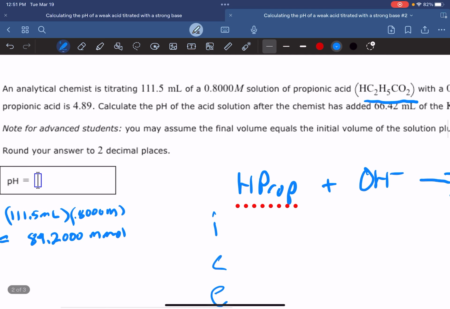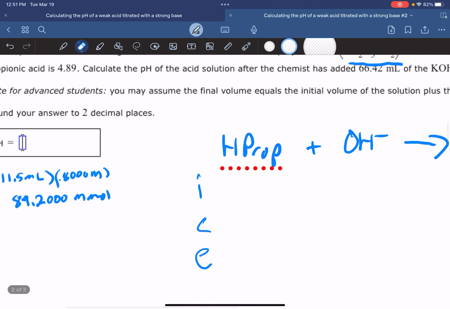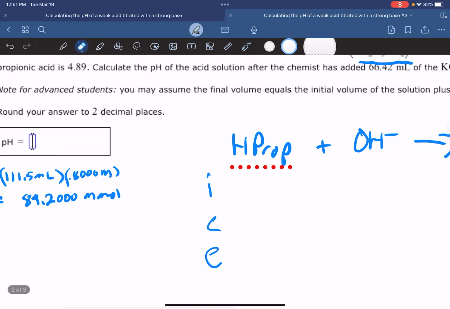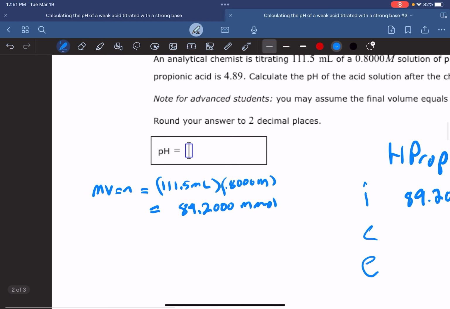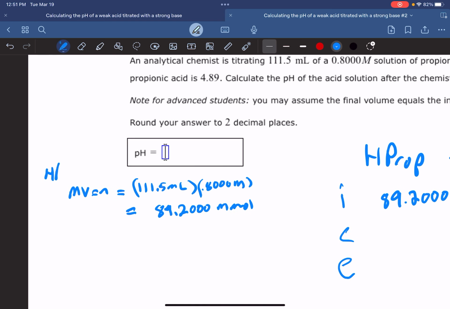So that is our starting amount of our H prop, 89.2000.